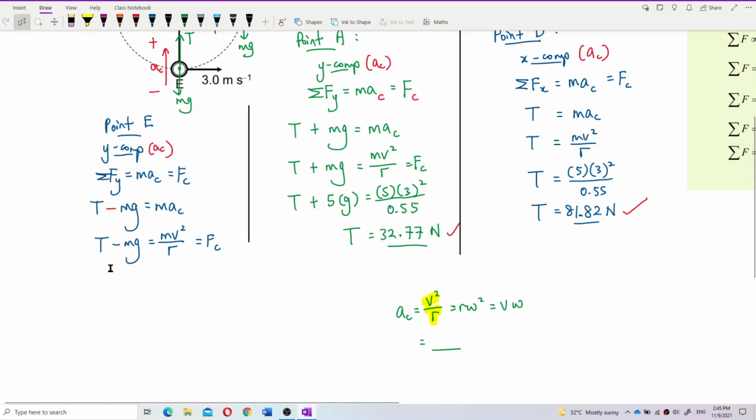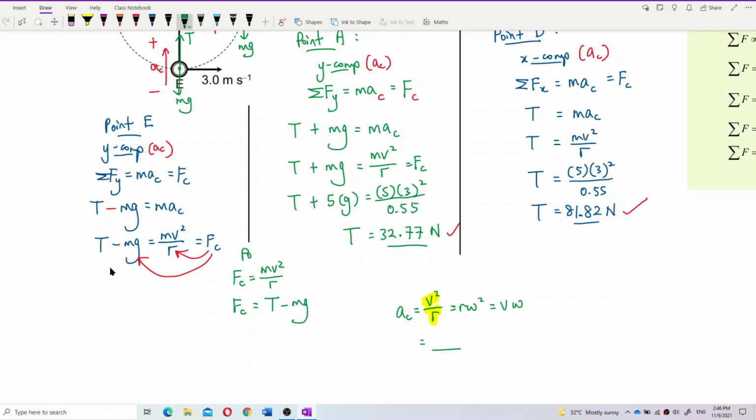F_c is m v squared over r, as usual, or F_c is tension minus mg, for point E.